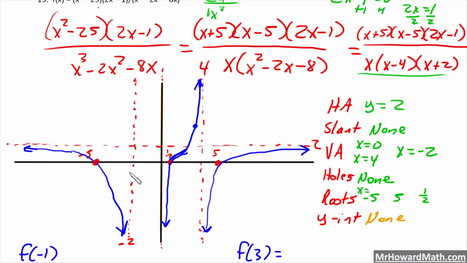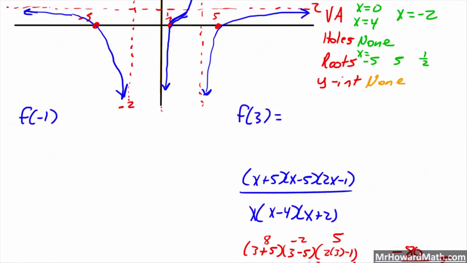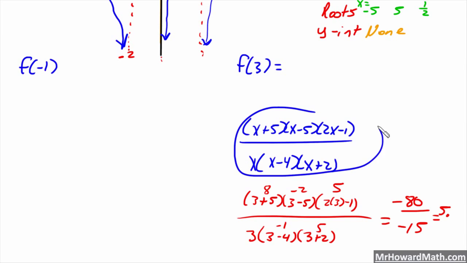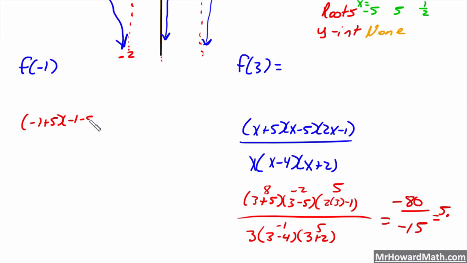Now we need to evaluate f of -1 to determine where we're at in this section, and then we'll be done. So f of -1, take the original function, plug in -1 for x. So -1 plus 5, -1 minus 5, and then 2 times -1 minus 1, so that would be -2 minus 1.